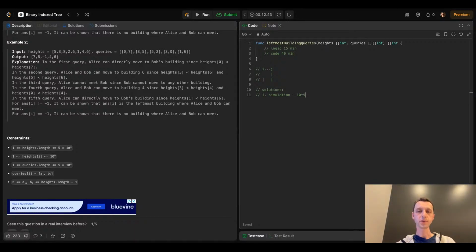So that sounds like a 10 to the power of 9 solution, which is kind of long.